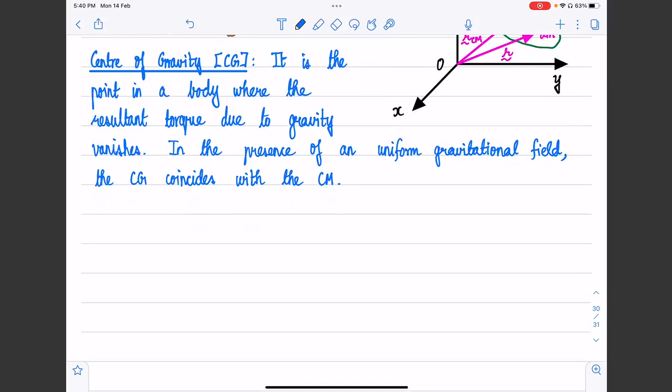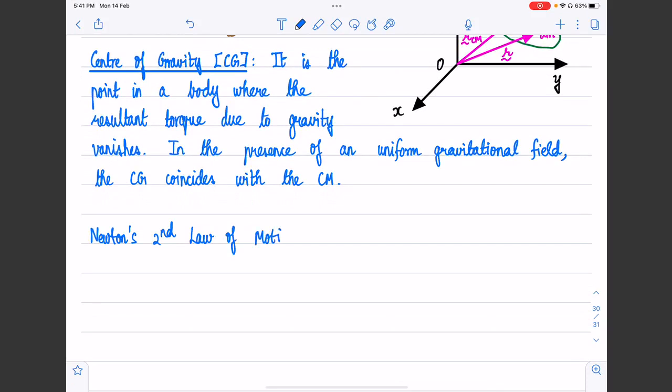But for our application, both coincide. That is why you can understand why we use center of mass and center of gravity interchangeably in our application. But please note that in general they are different. We need to be aware of this.